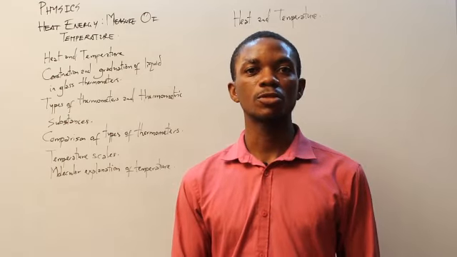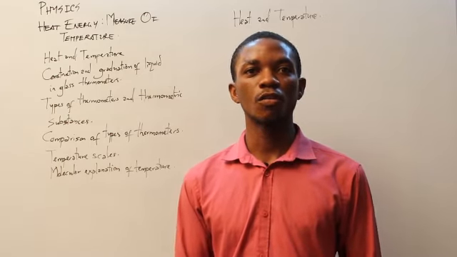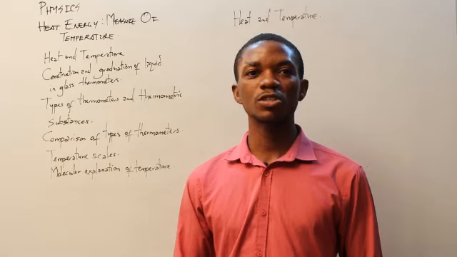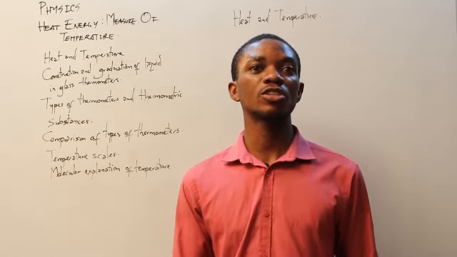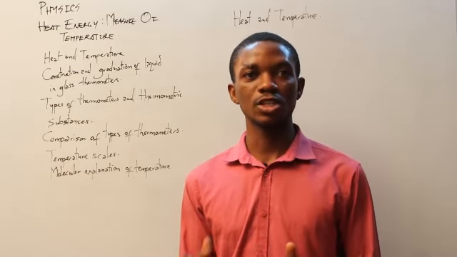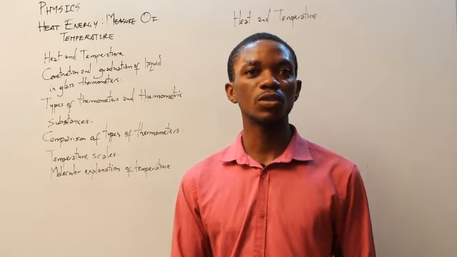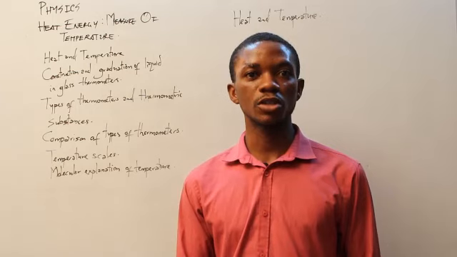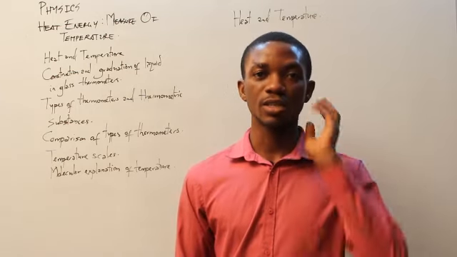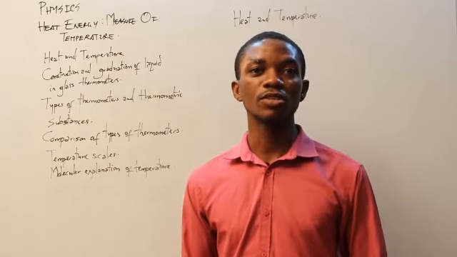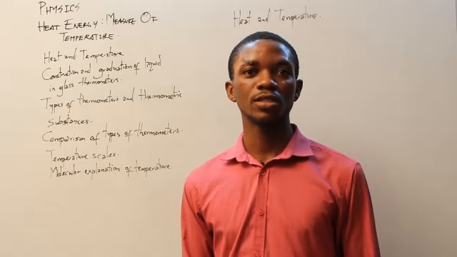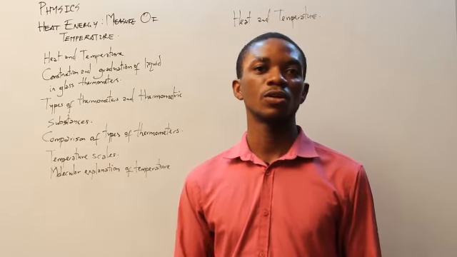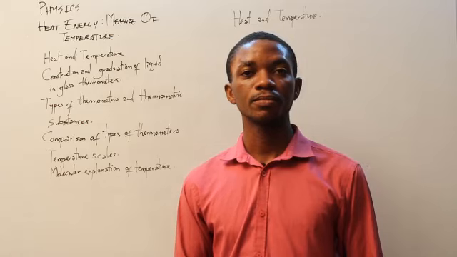Heat can be responsible for chemical or physical changes, but temperature is just a measurement of changes in terms of hotness or coolness of a particular location. Heat is measured in joules, temperature is measured in Kelvin, that's the SI unit for temperature. It can also be measured in degree Celsius or degree Fahrenheit.